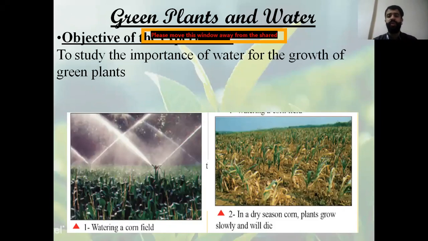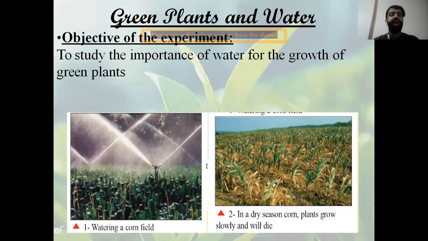So in this experiment, we identified the importance of water for the growth of the green plants. We have two mediums. One of them contains water and the other lacks water, meaning that it does not contain water. This is the meaning of the word lacks.